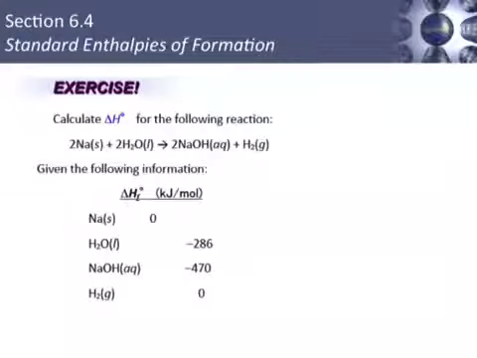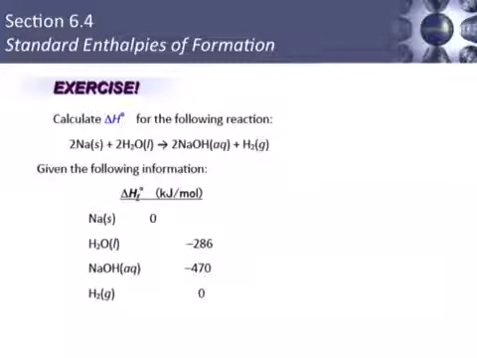So we're going to solve these. Okay, so here is our reaction. And I look at it and I say, oh, they've given us heat of formations. I got to use Big Mama to determine this.